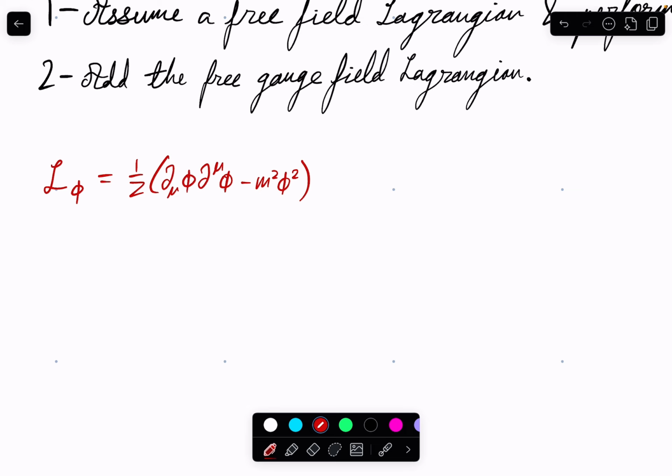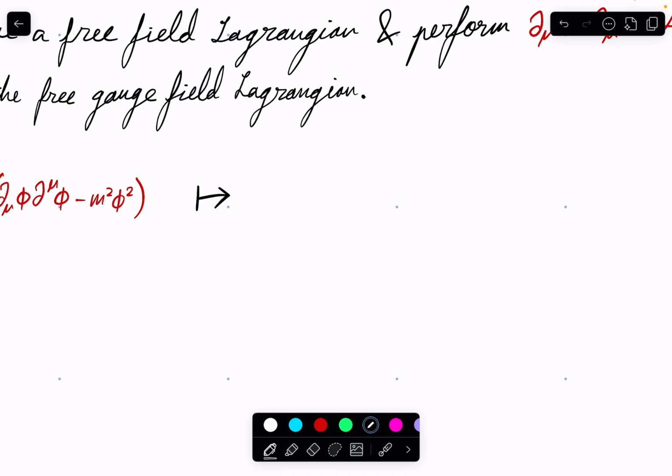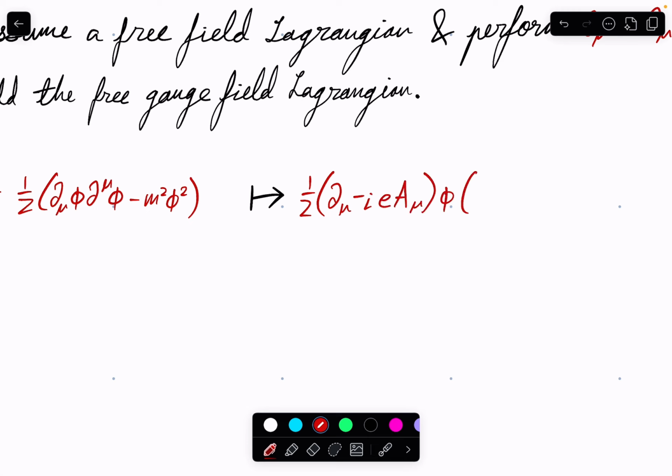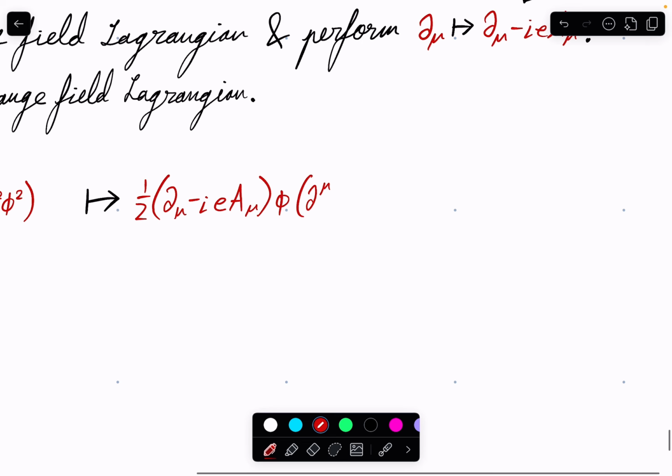So we take this, and then we just plug in 1/2, and we get partial mu minus i e A mu phi, partial mu minus i e A mu phi, minus m squared phi squared.